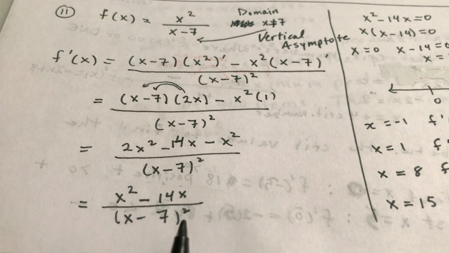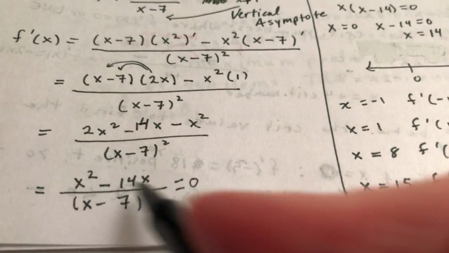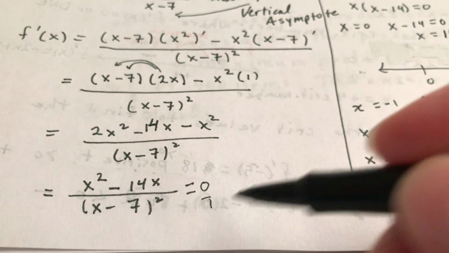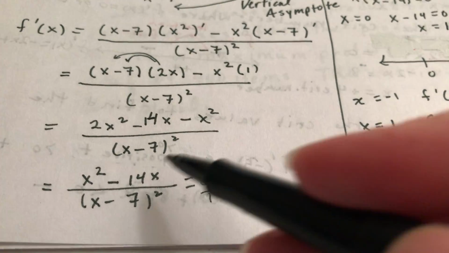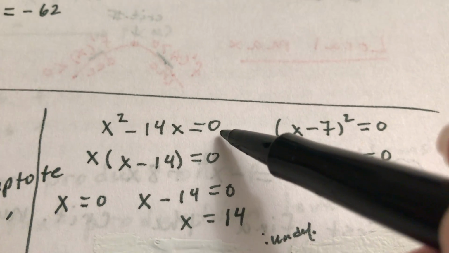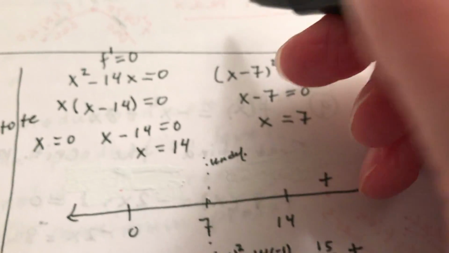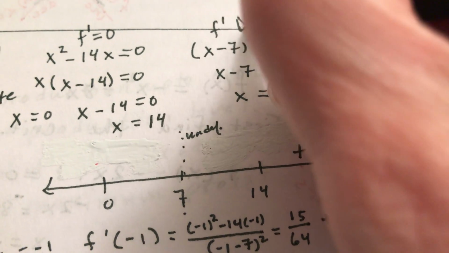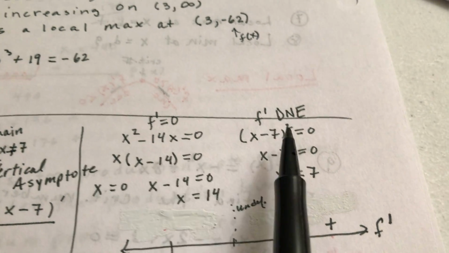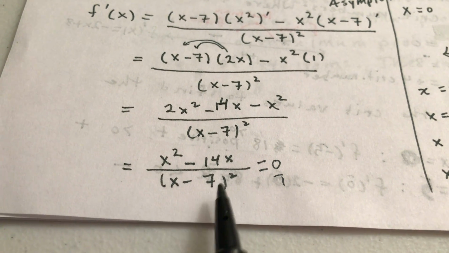So what I do is, if you set this equal to 0, and maybe cross multiply, you can think of it as 0 over 1 and cross multiply, you're going to get this numerator equals 0, but we also have to set the denominator equal to 0, because this one is where f prime equals 0, and this one is where f prime does not exist. So this is where the derivative is 0, and this is where the derivative does not exist. We have to take a special step and set that equal to 0 and see what we get.